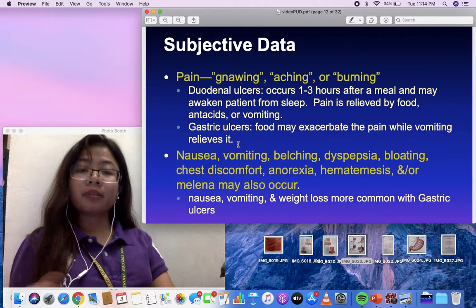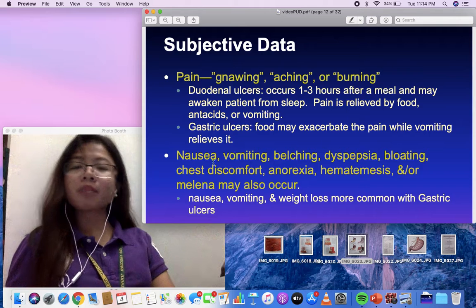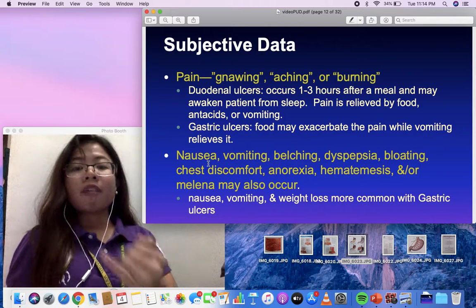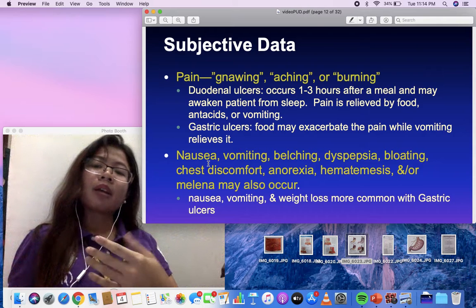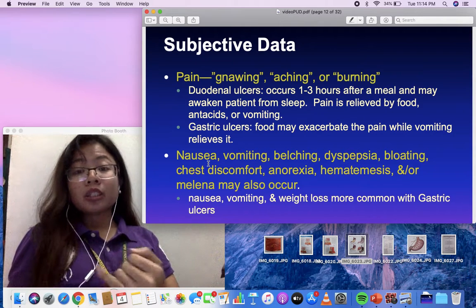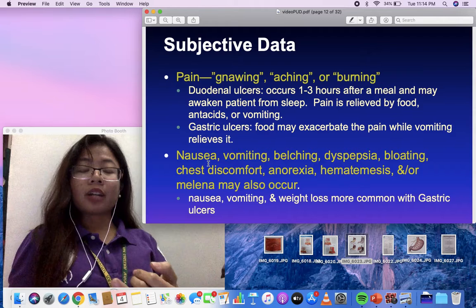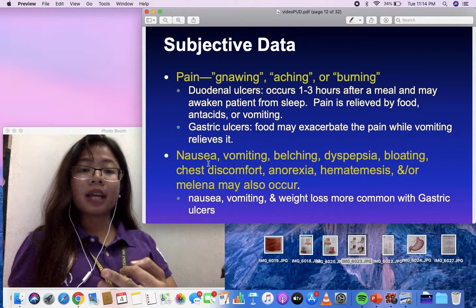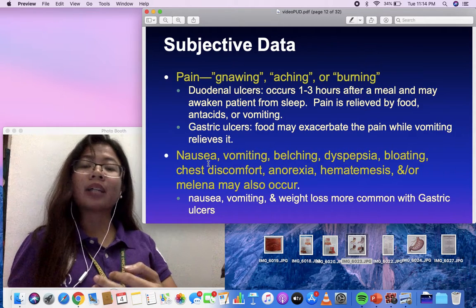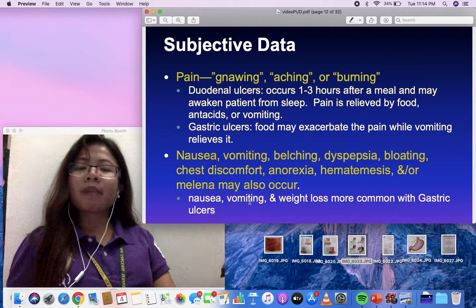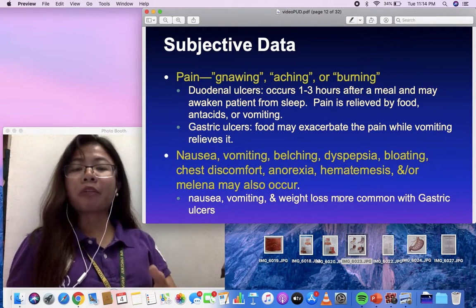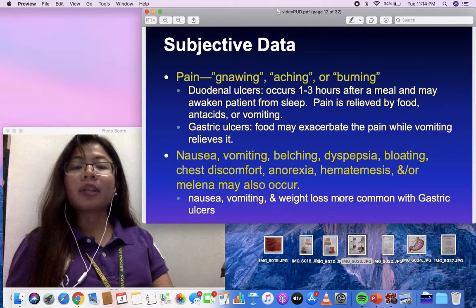Other signs and symptoms: nausea, vomiting, belching, dyspepsia, bloating, chest discomfort, anorexia, hematemesis, and or melena may also occur. Nausea, vomiting, and weight loss are more common for gastric ulcers.